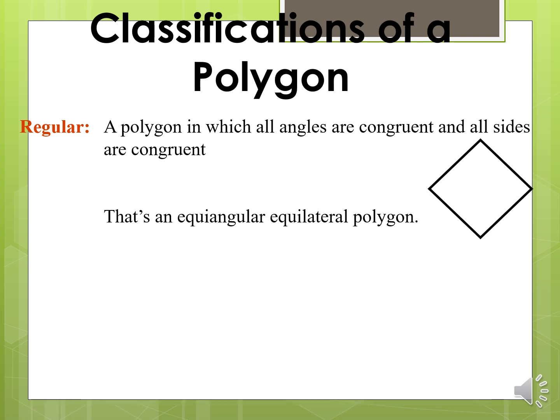So this figure is a regular polygon because the sides are equal and the angles are also equal. An irregular polygon is a polygon that is not regular.